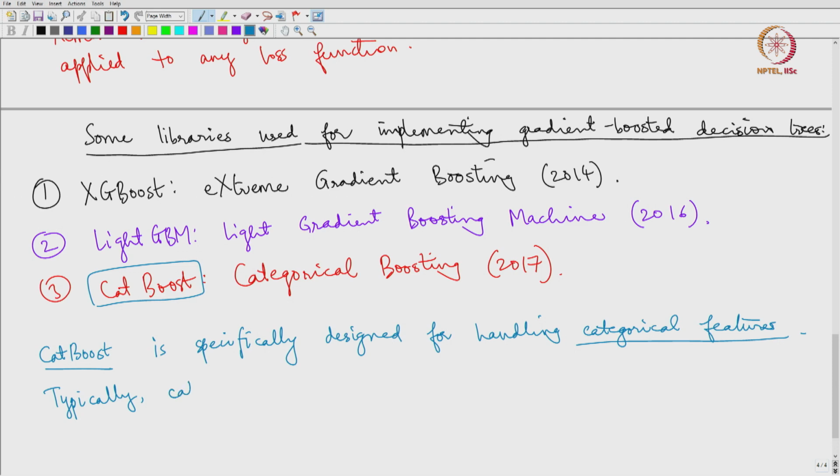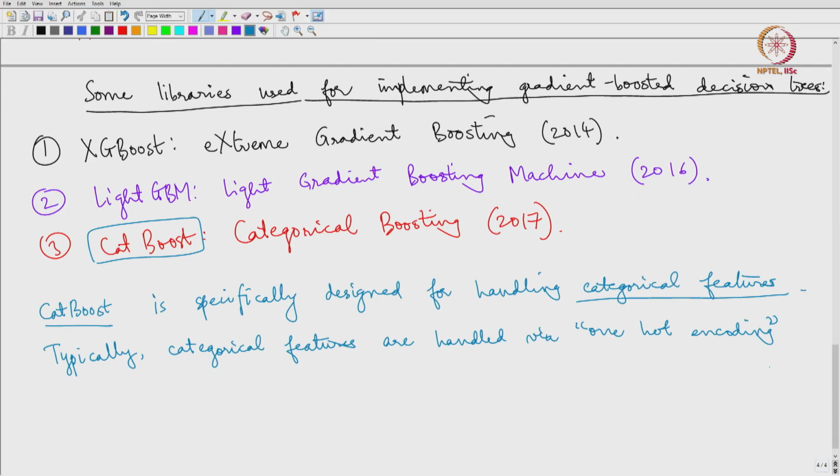Okay. So, typically categorical features are handled via what is called one hot encoding. Okay. And what happens in one hot encoding is a vector of zeros and ones is used to indicate the absence or presence of each category.